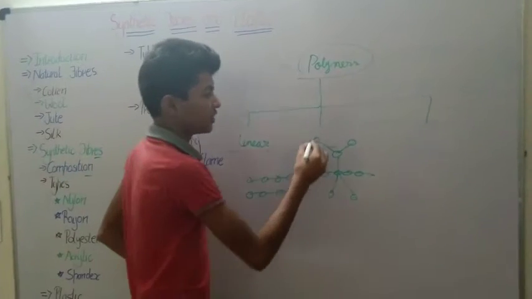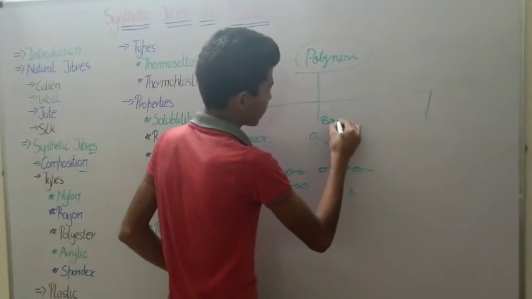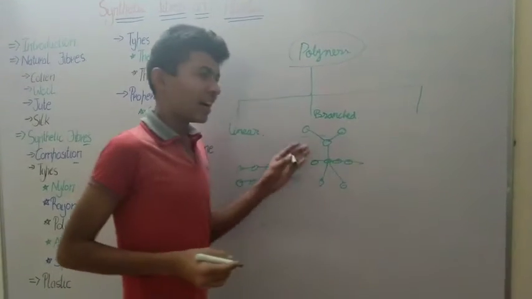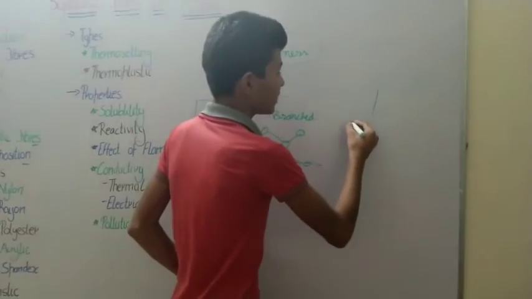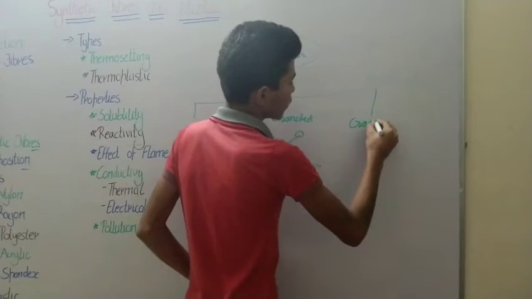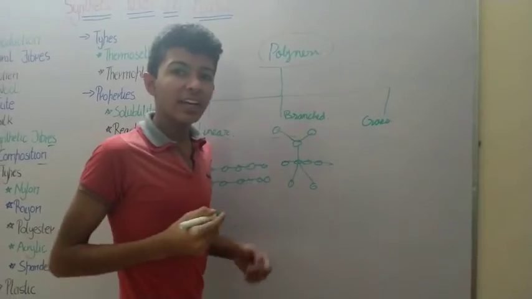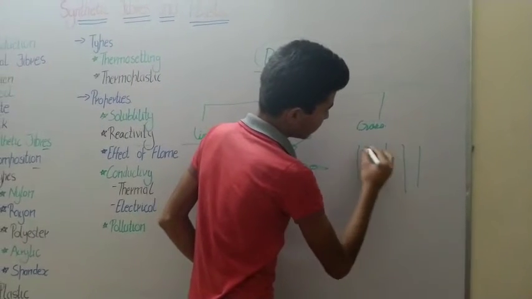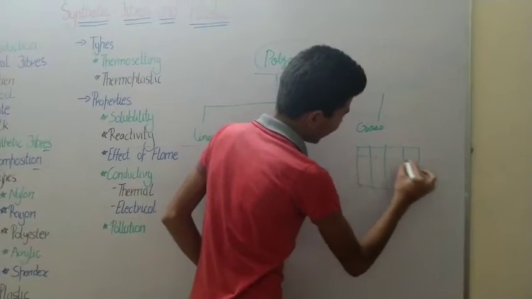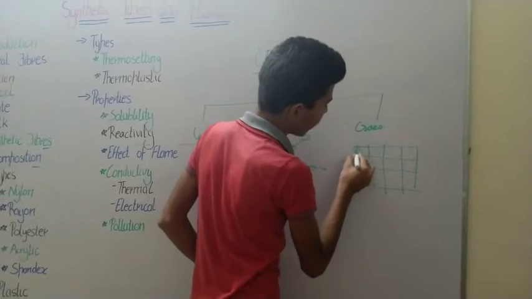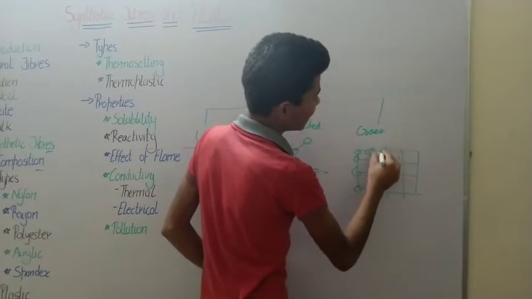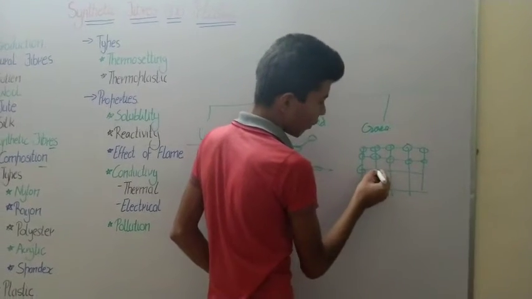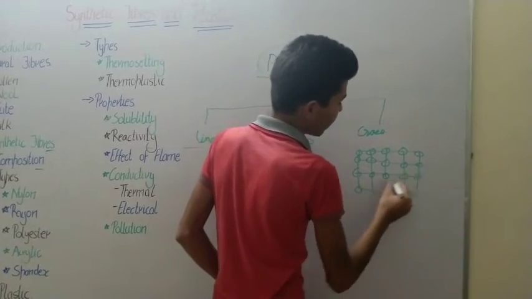This is known as a branch. And now we have the cross-linked polymers. It includes making a rectangular pattern in which the intersections are polymers. In the same way, all the points of the cross section are made of polymers.